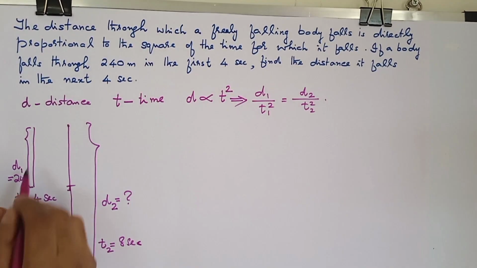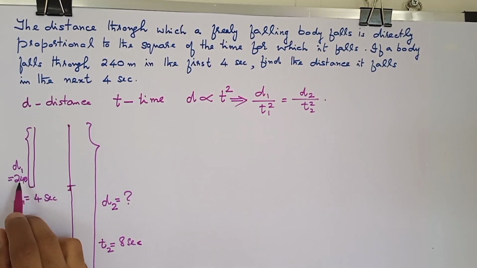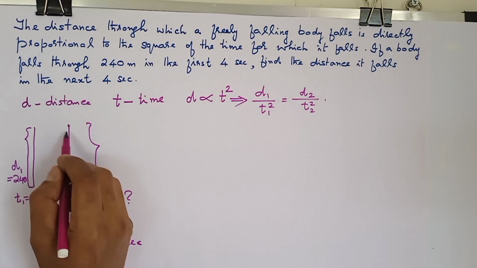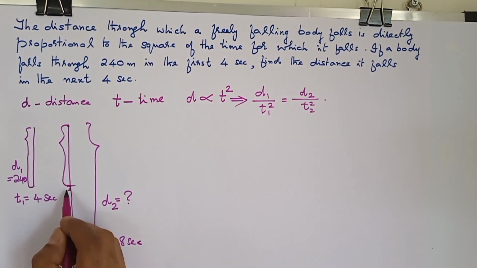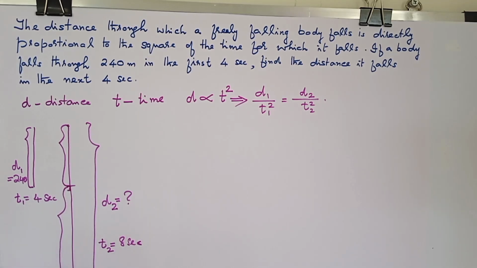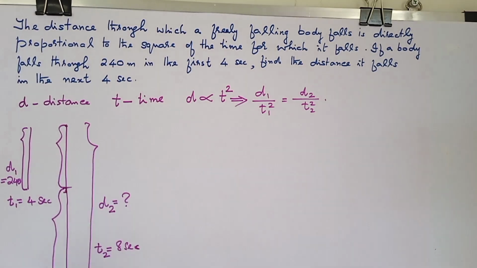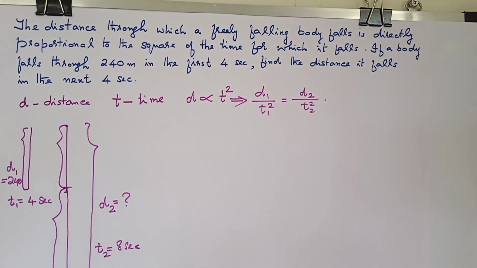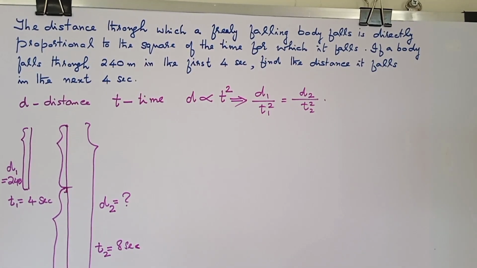So this is the position of the body. See, this I have taken here, the distance covered by the body in 4 seconds, which is so much. Then it keeps falling for the next 4 seconds, so much. So totally, as you can see, the body has fallen through 8 seconds, and there is a distance D1, D2 here. Now what are we asked to find out?